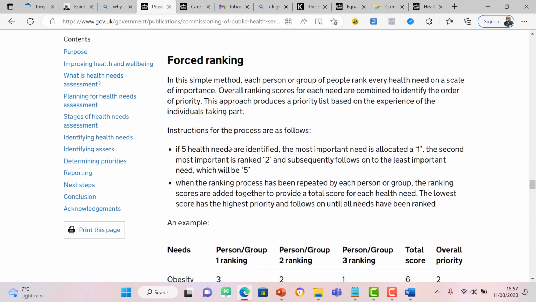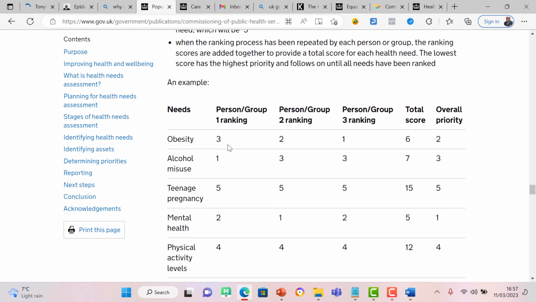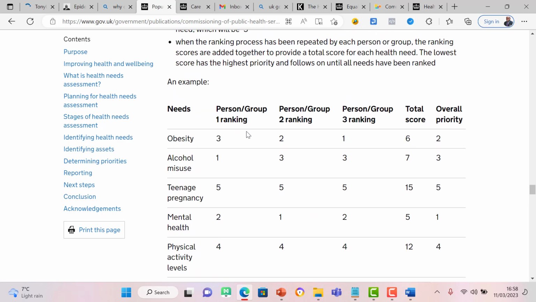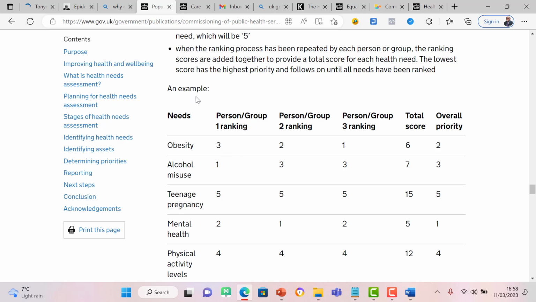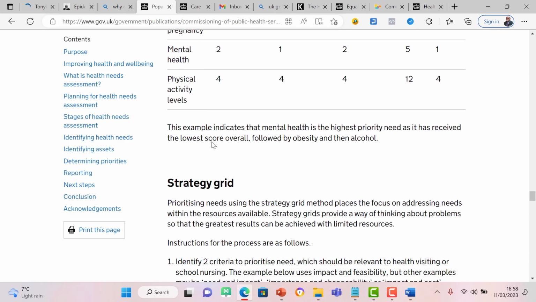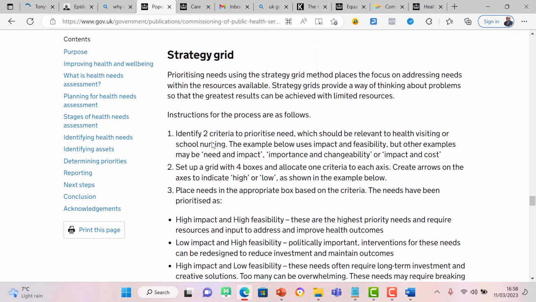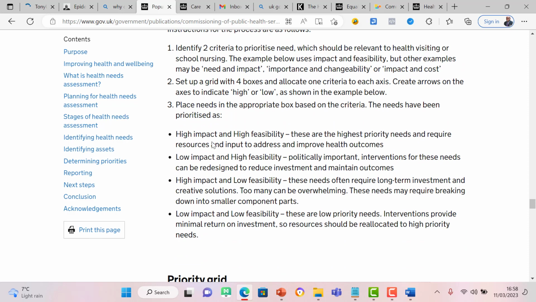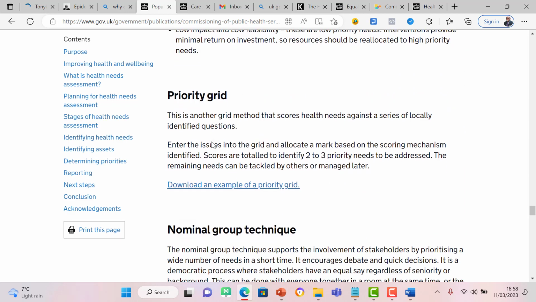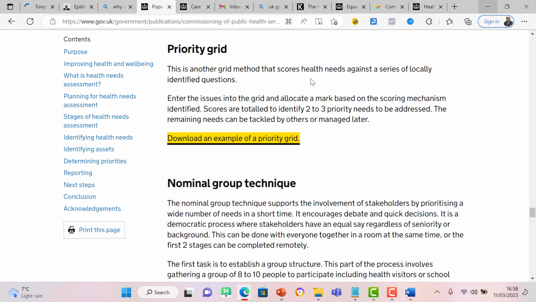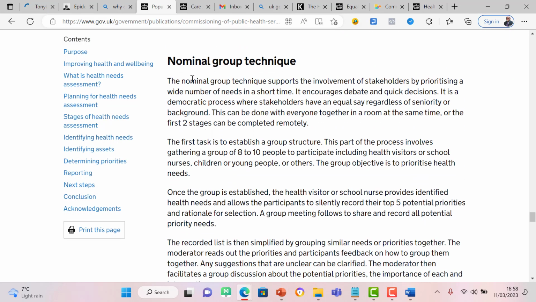All right. So there are other strategies here that you can read up on. This one is if you are doing primary research. That's why I prefer doing secondary research for a health needs assessment as a student, because of time. So you also have the priority grid. If you download the example here as a template, you will see what it looks like. Then you have the nominal group technique.